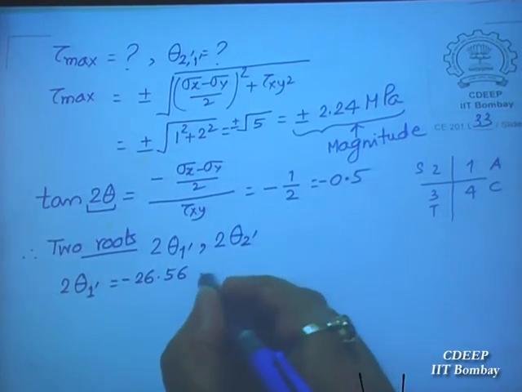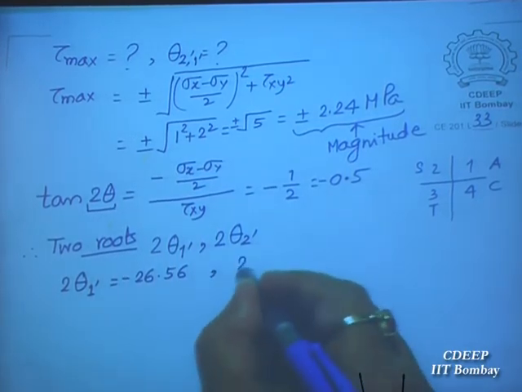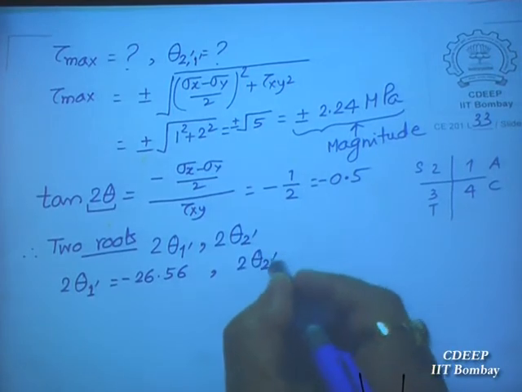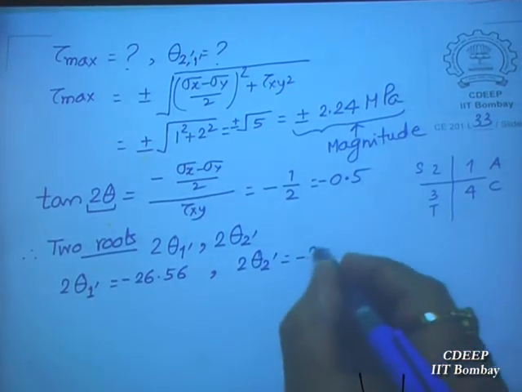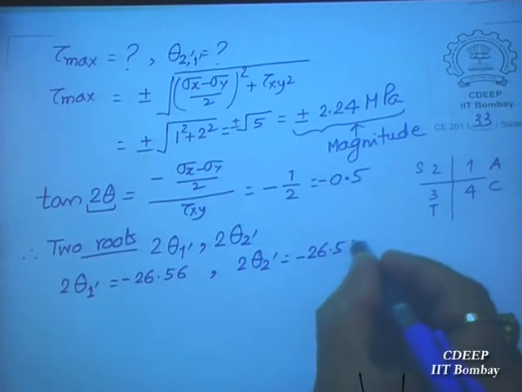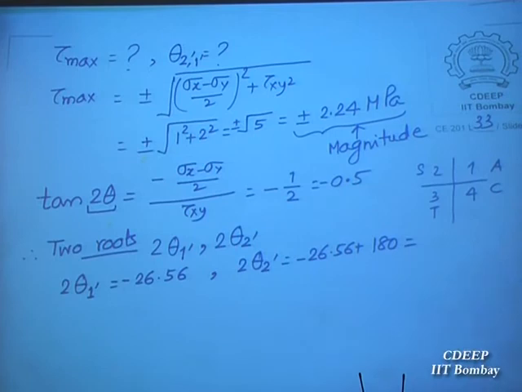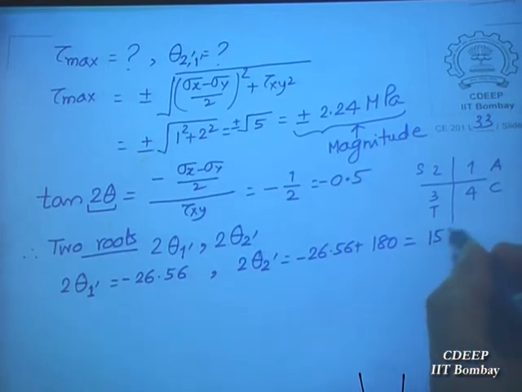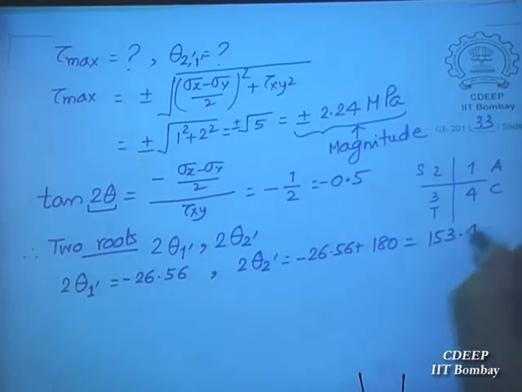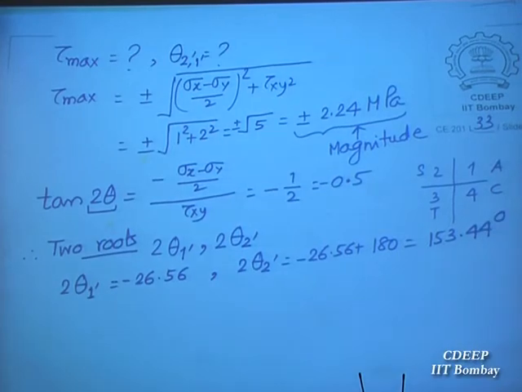So 2 theta 2 dash is minus 26.56 plus 180, which is 153.444 degrees.